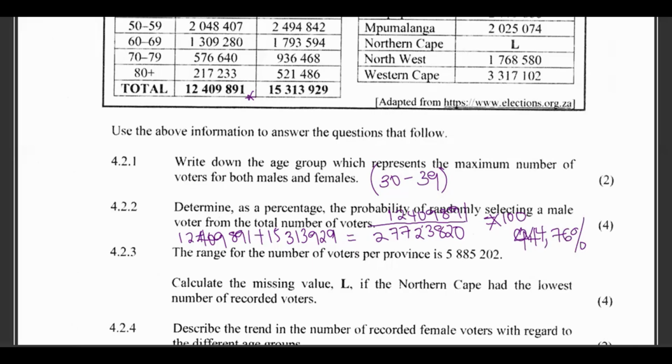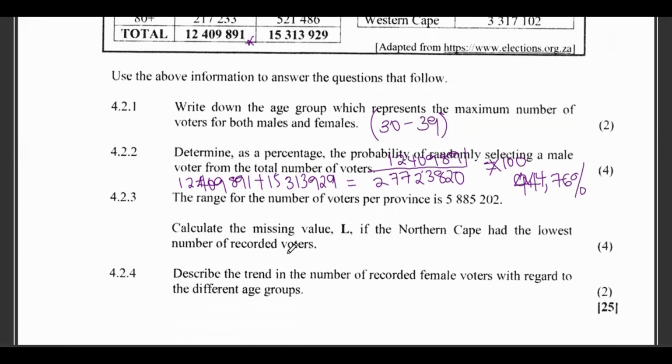Okay. Here they're telling us the range of the number of voters per province is 5,885,202. Calculate the missing value L if the Northern Cape had the lowest. Now, the moment you hear range, ask yourself, how did they get their range?